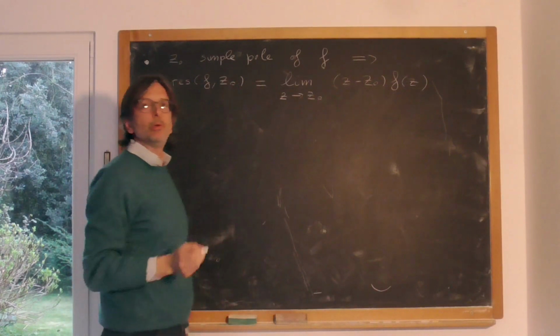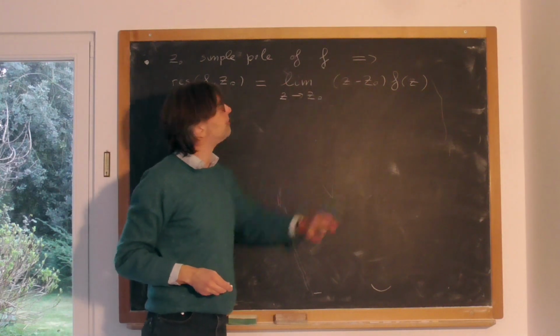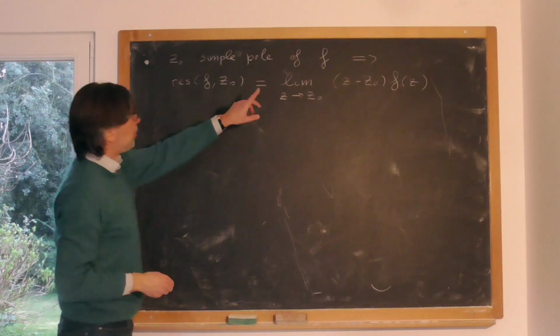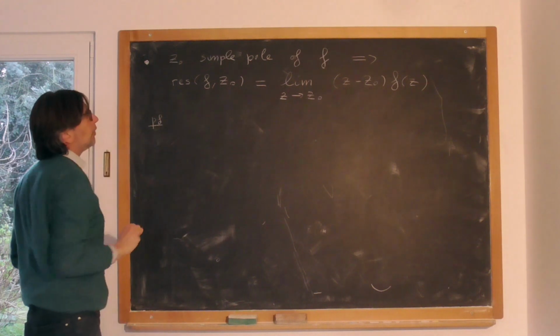Okay, so you can compute the residue just by computing a limit. So why is this so? So, proof of this formula.